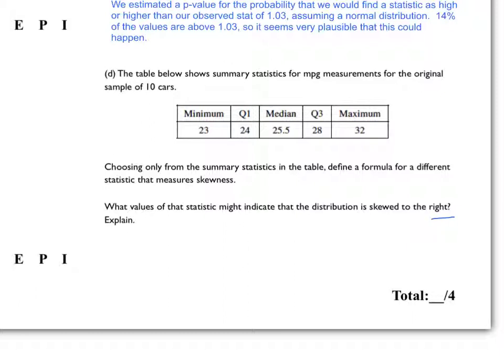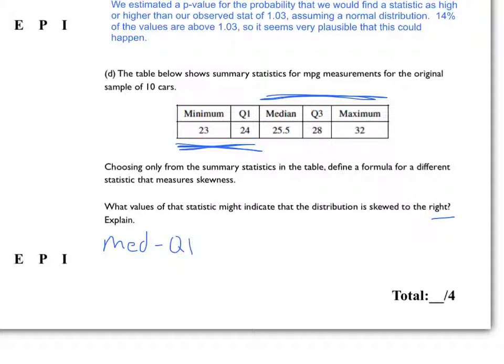We would expect values on the right side of this distribution to be closer together, and we expect values over here to be farther apart. So one way that we could potentially do this would be to take the first quartile and see how far away it is from the median. So our left side would be median minus quartile one.